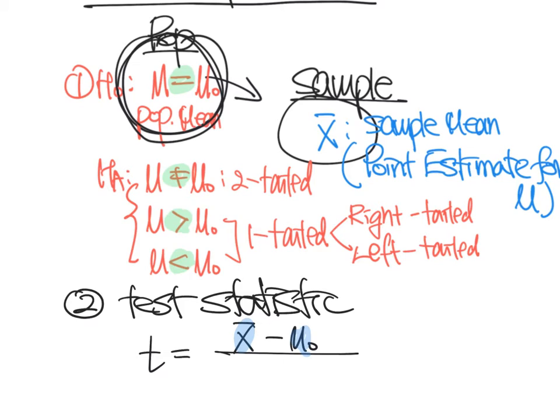How do you think? If the difference is big enough, it's apart, right? It's quite a big distance between the estimate and the initial setting value. What does that mean? They are different, right? Now I can say the unknown population mean mu and the mu0 are different.